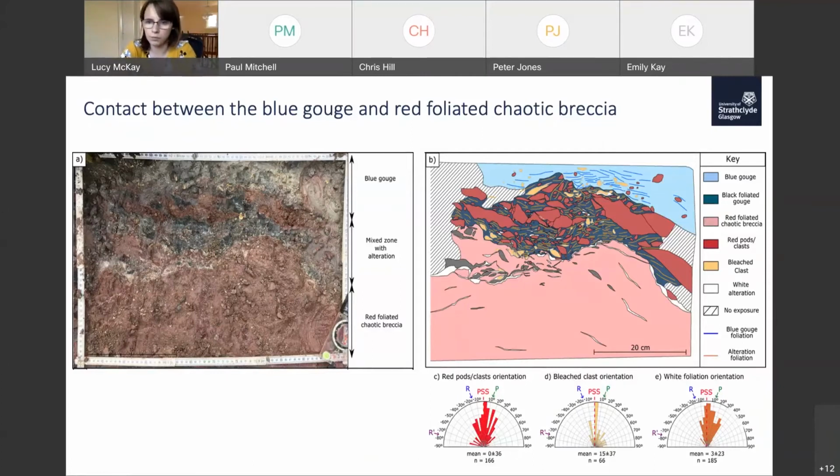From here on, I'll just refer to them as red pods found within the blue gouge. And these pods have an elongate lens-shaped geometry. And again, the pods themselves are aligned within radial shear geometries. But this has some implications. The fact that you get the red clay within the blue clay has some implications on timing.